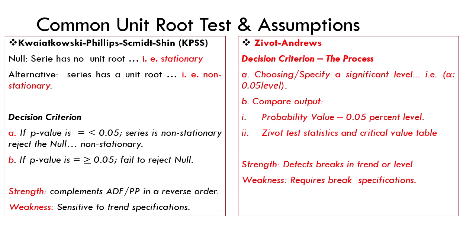In the ZA unit root test, you have to choose or specify your level of significance, and after that you compare your output, after performing that, based on the probability specified using the Zivot-Andrews critical value table. So this is the only difference between this and the other unit root tests, and I hope you have understood this.